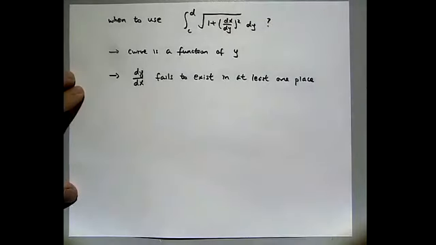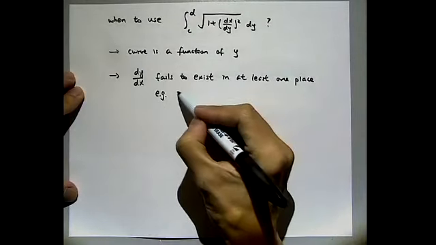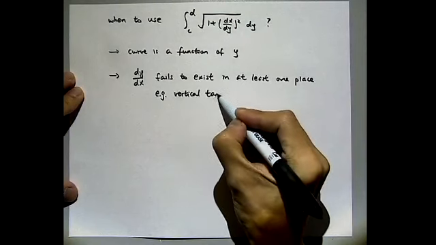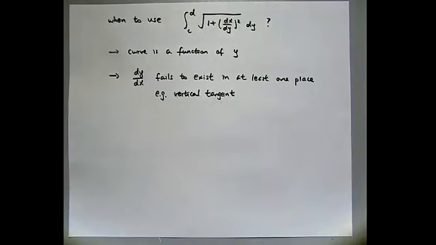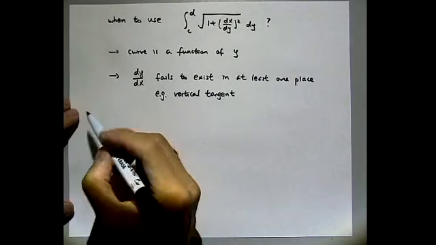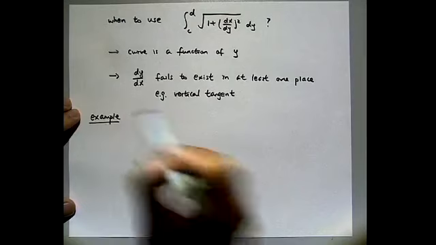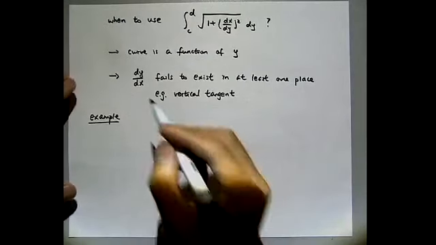And dy dx fails to exist for many reasons, and one of the reasons is when you have a vertical tangent line. So dy dx, the slope of the tangent line becomes undefined, so therefore it does not exist. And here's an example where such a thing happens.